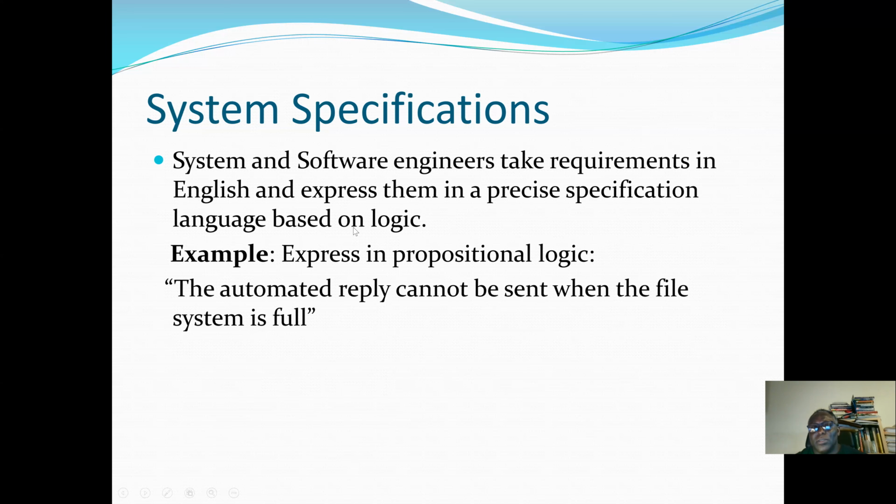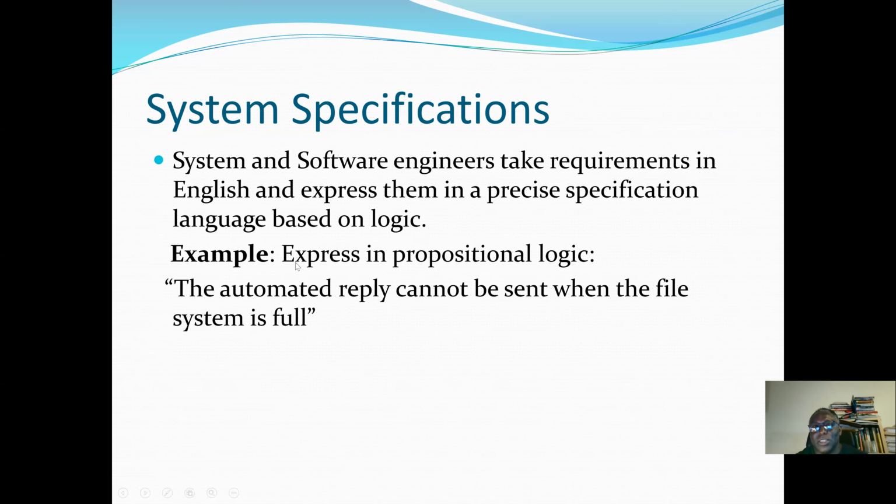This requirement can be two types: functional requirement, which is what the system will be doing, and non-functional requirement, which is the quality of the system. So this will be in sentences, and our goal now is to convert it.